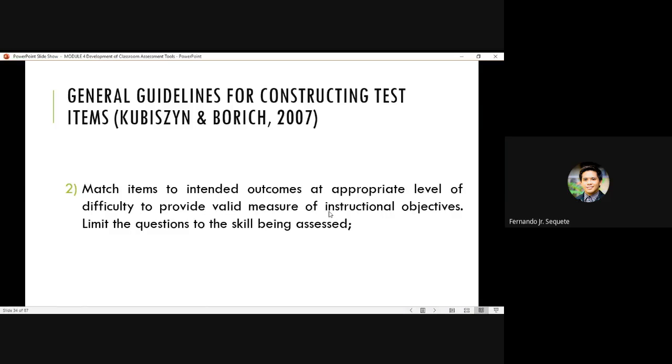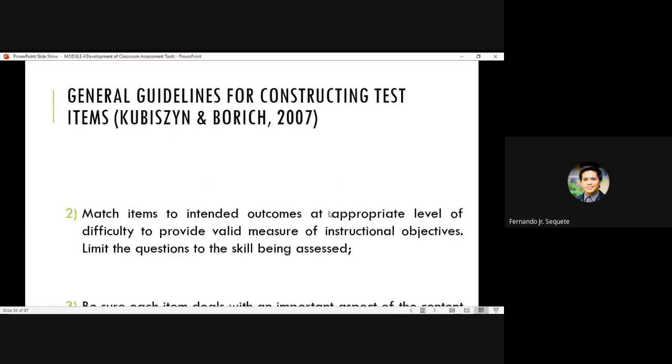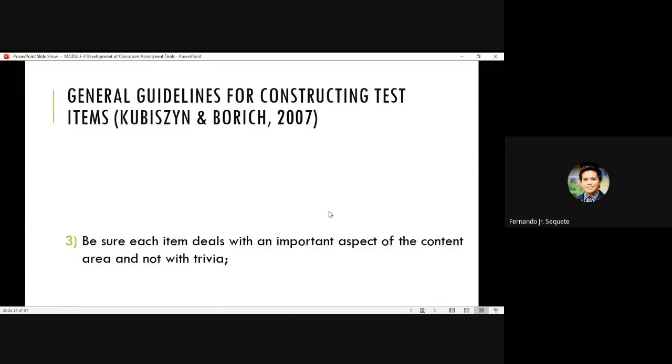Number two, match items to intended outcomes. This is very, very cliche, no? That every time we are to construct test items, we have to match it to the learning outcomes. And that is, again, the rule of thumb, no, and then the golden rule. Number three, be sure each item deals with an appropriate aspect of the content area and not with trivia.